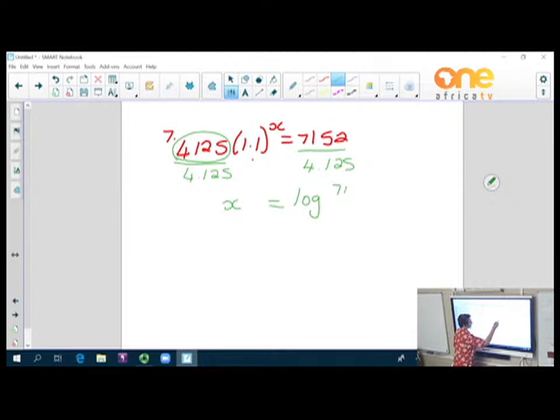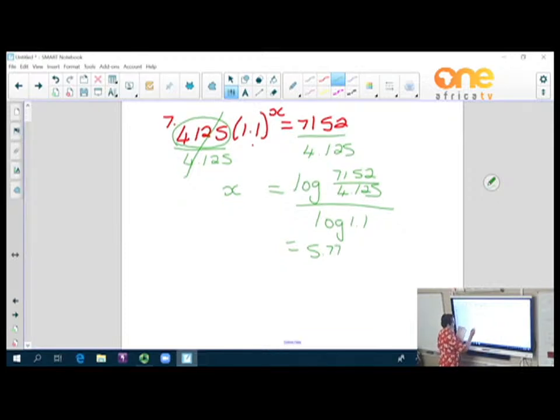So first we have to do this calculation, dividing that one there, and then you divide by log 1.1. We have to get rid of that constant, that initial value, right at the beginning. Okay, and my answer here is 5.77. Number 8.